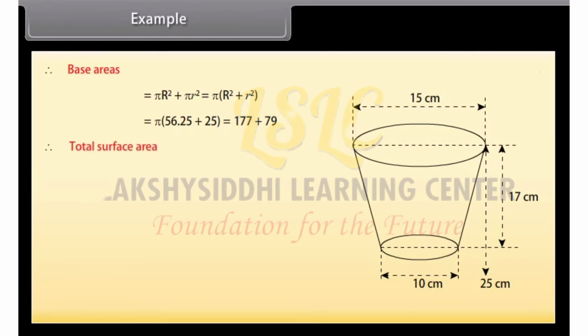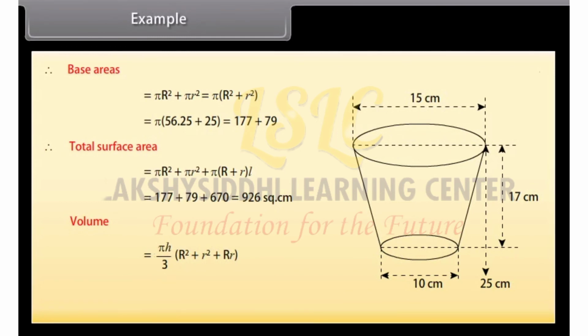Therefore, total surface area is equal to, which gives us 926 square centimeter. Now we know that volume of the frustum of the cone is, substituting the values, we get volume which is equal to 2114 cubic centimeter.